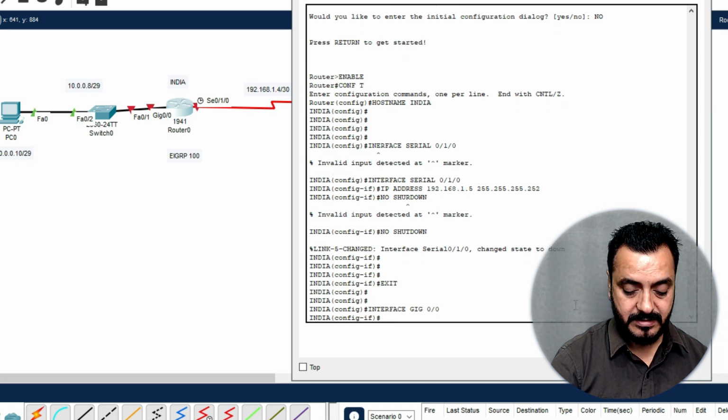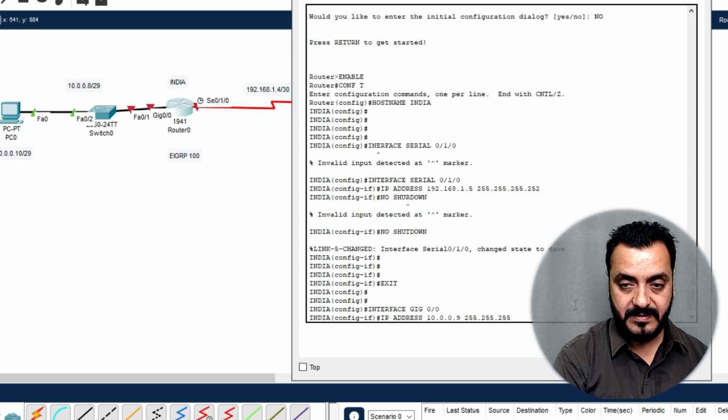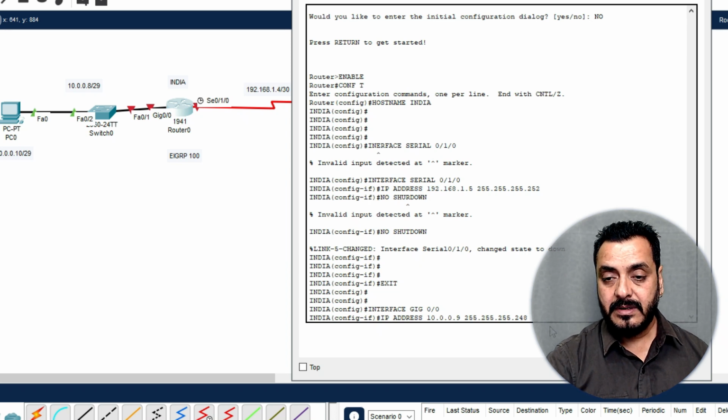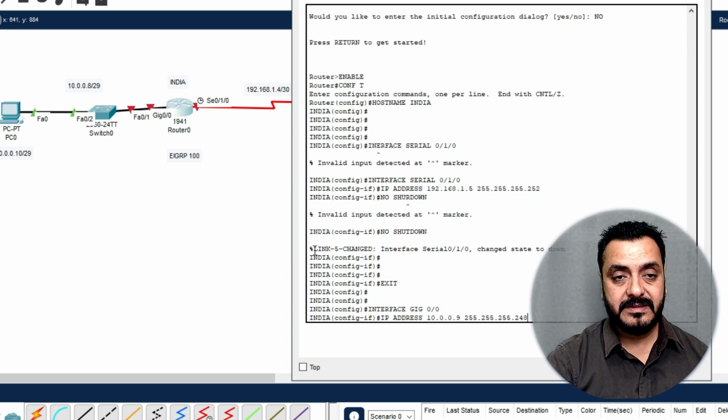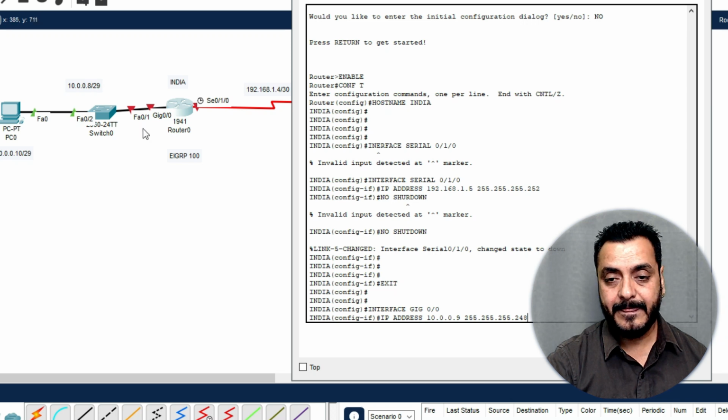Press enter, and its IP address is 10.0.0.9, as we have discussed earlier, and the subnet mask is 255.255.255.248. 248 means it is /29.